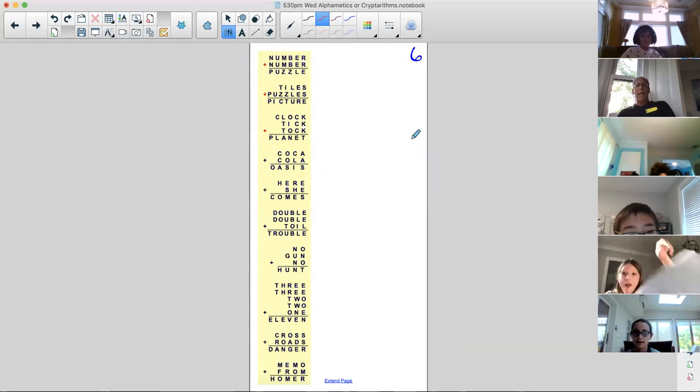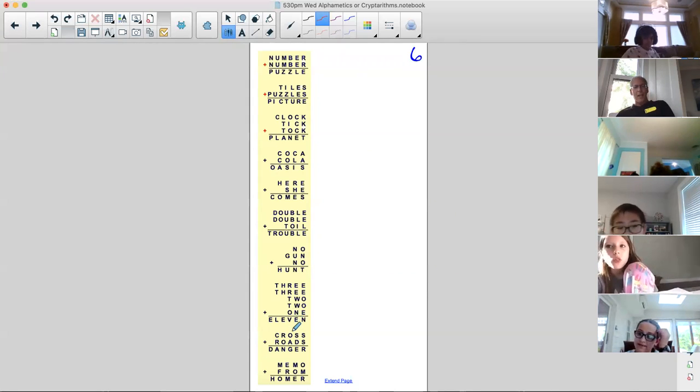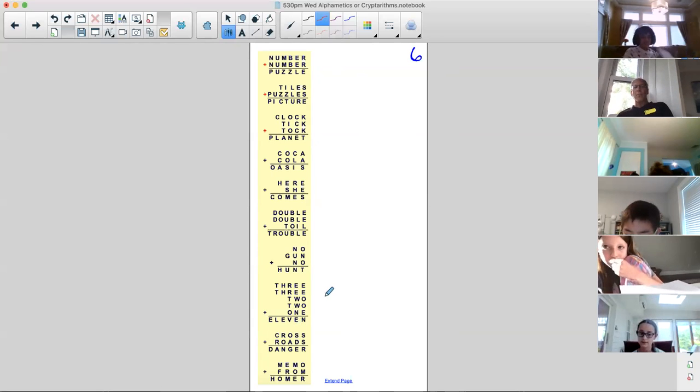The ones on page 6. Now, I will tell you my favorite one is 3 plus 3 plus 2 plus 2 plus 1 equals 11. Why? Because not only is it true mathematically, but it's true in terms of the words and what they mean.